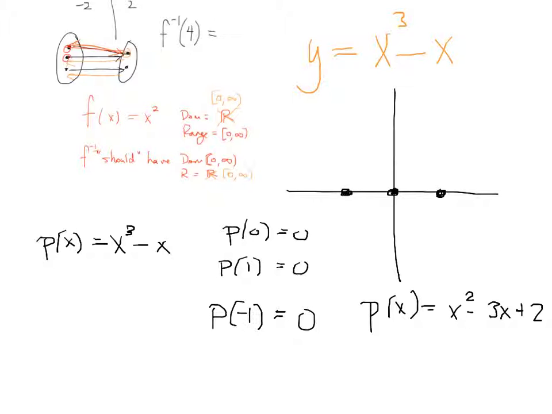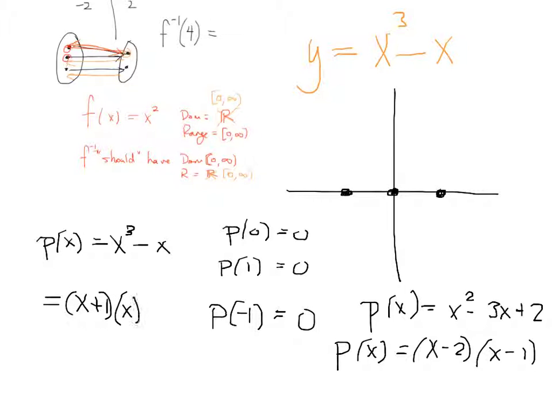So that tells me that p of x is x minus 2 times x minus 1. That tells me that this thing is x plus 1 times x minus 1.